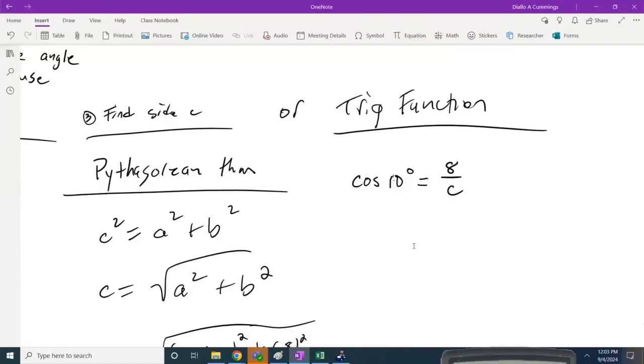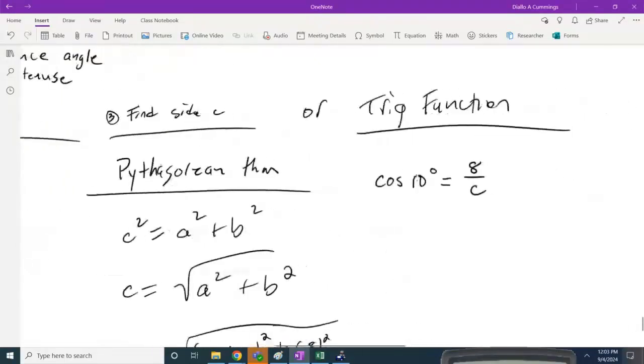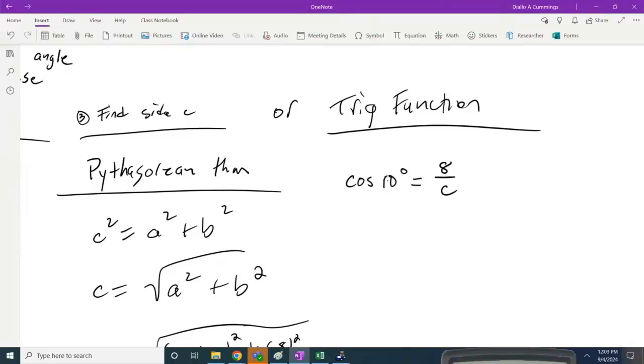Well, much like we did in that first trig function setup, first thing I want to do is get rid of the fraction. So I'm going to multiply both sides by C. So if I multiply the left-hand side by C, I get C times the cosine of 10 degrees. And if I multiply C by the right-hand side, the C's cancel.